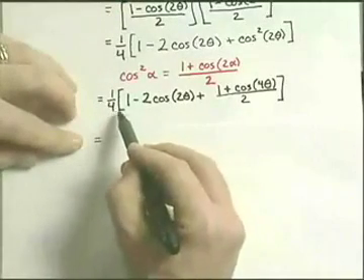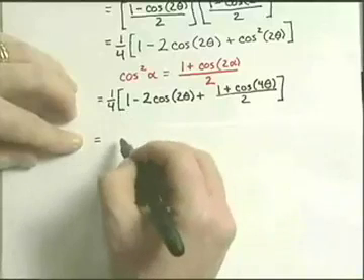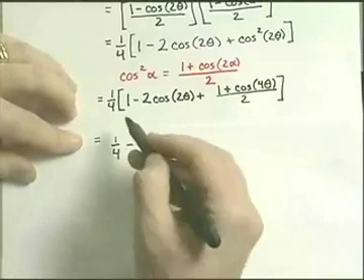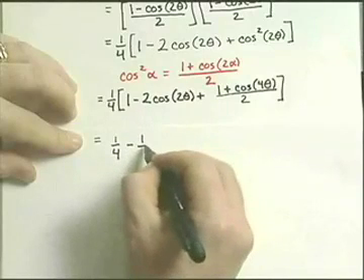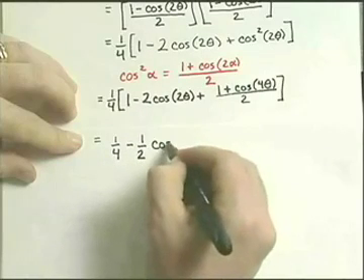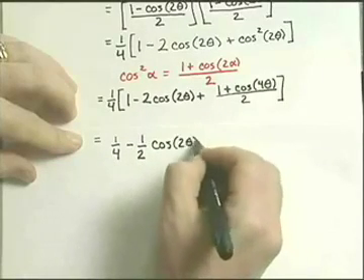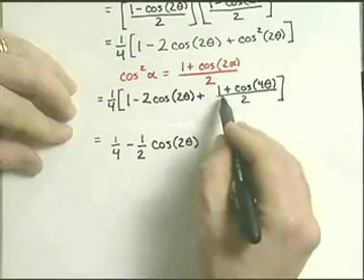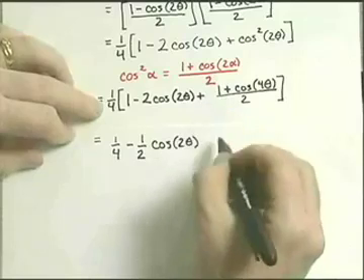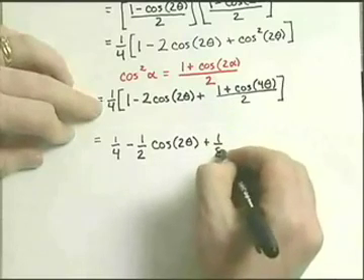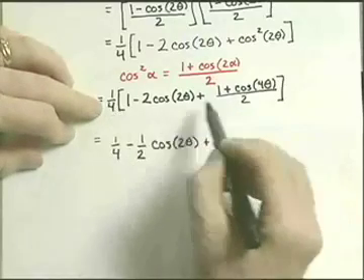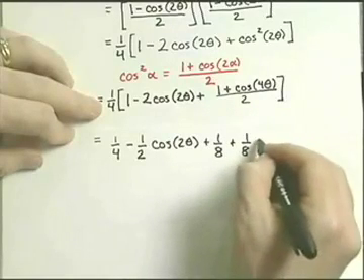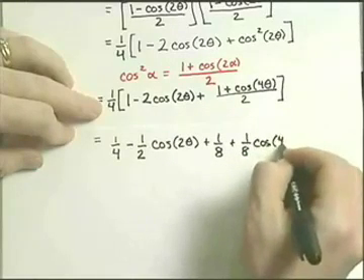What I'm going to do is take my 1/4 and distribute it into the brackets. So 1/4 times 1 is 1/4. Minus 1/4 times 2 gives me a minus 1/2 cosine of 2 theta. Then here, take this 2 and divide it into the 1, and you get 1/2. 1/2 times 1/4 is 1/8. 1/4 times 1/2 here is going to be 1/8 cosine of 4 theta.